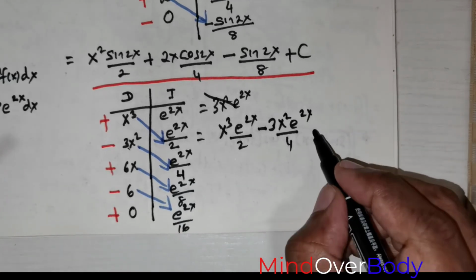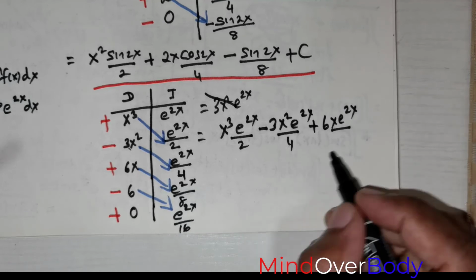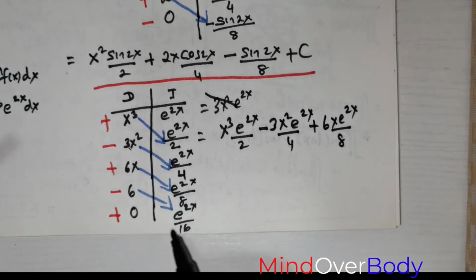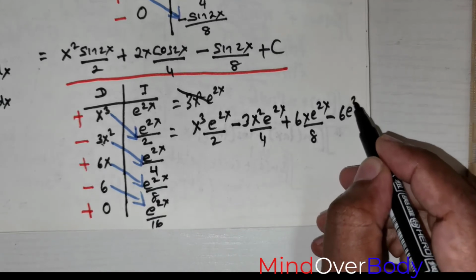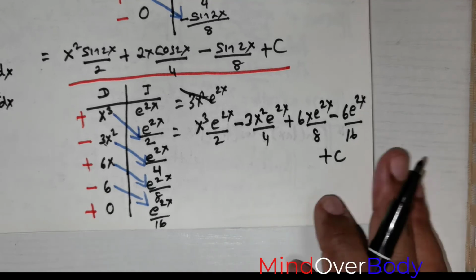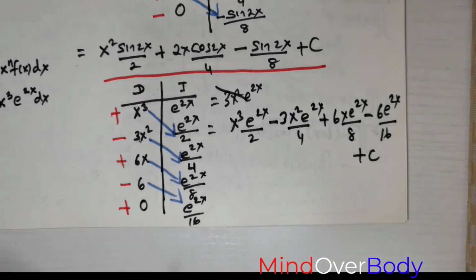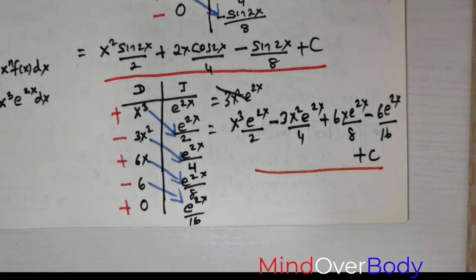Then I have a positive sign, 6x times e raised to the power of 2x over 8. Then I have a negative sign, 6 times e raised to the power of 2x over 16, plus the arbitrary constant. That is a good place for us to draw the red line.